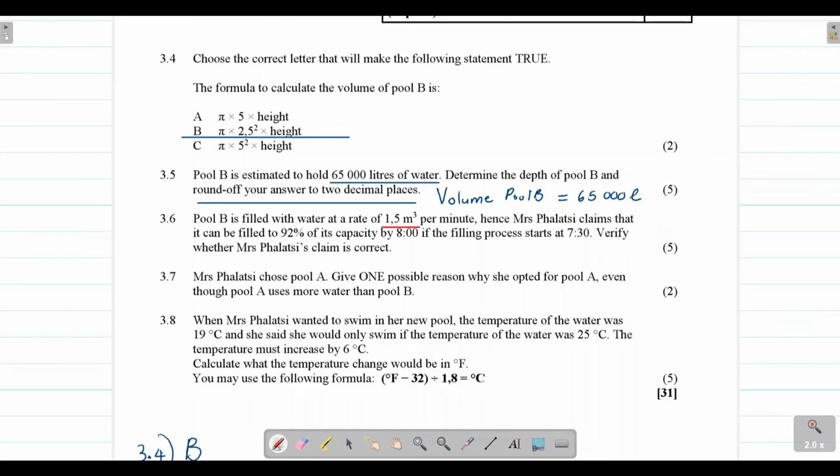How much is 92% of 65 meters cubed? Or how much is 92% of 65,000 liters?